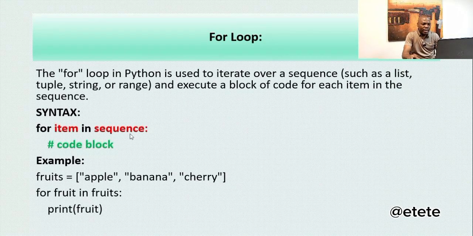So this syntax is telling you that item is the second container that I'm going to pull out, that is temporarily going to hold what I'm going to bring out from this container. So that is the item. Now, in sequence, the sequence represents the first container that contains everything. So I'm going to count them. 1, 2, 3. Now, a for loop is used when you know the maximum quantity of things inside this container.